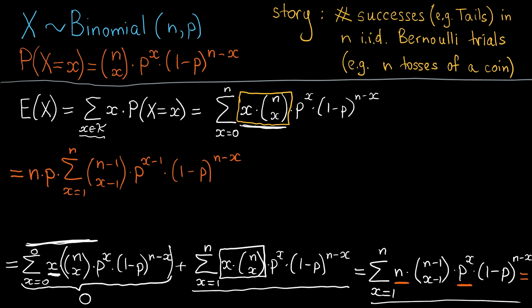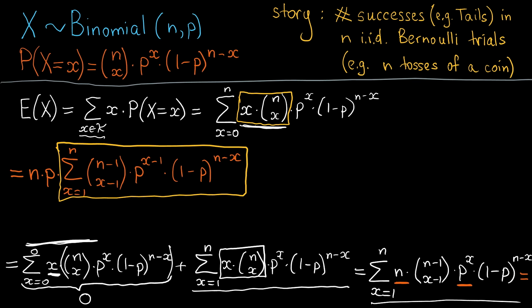This expression here is kind of looking like a binomial distribution summed over its support, but not quite, because every binomial random variable can take on the value 0, right? You can always get 0 tails in however many tosses. So we would need this summation to start at 0.